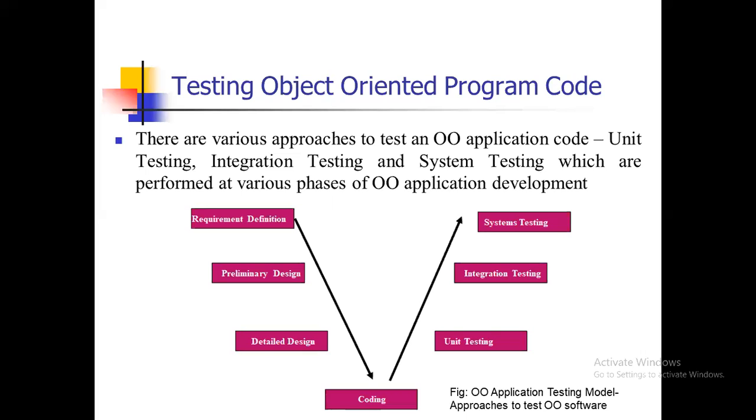These are the approaches of object-oriented testing. Here you can see the phases like unit testing, integration testing, and system testing. This is the object-oriented application testing model, or the approaches to test the software.